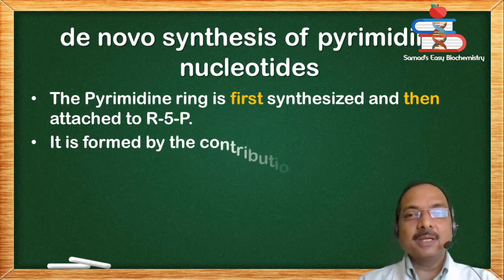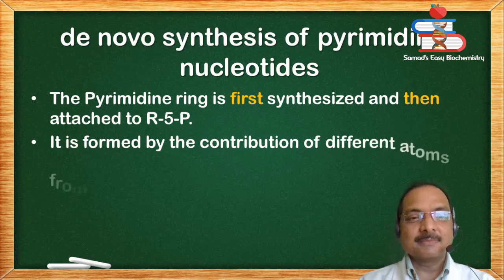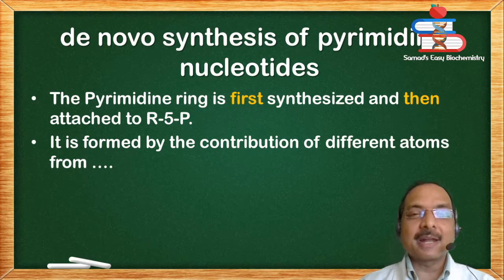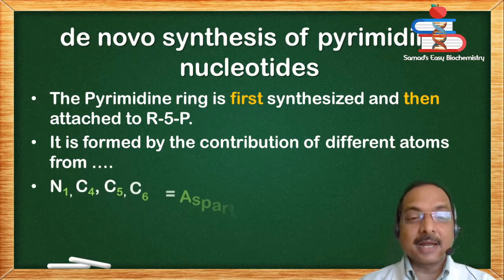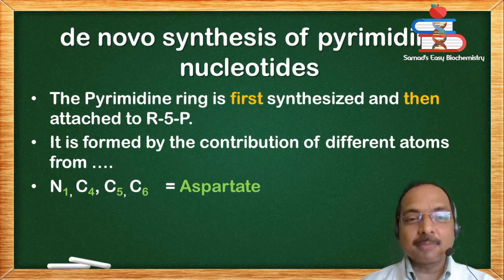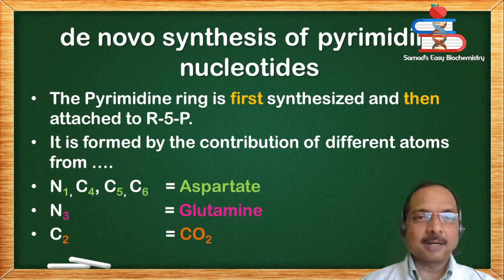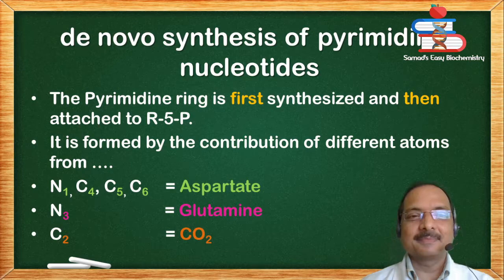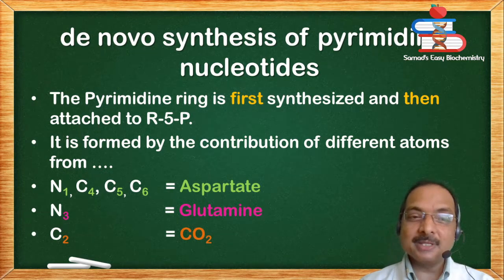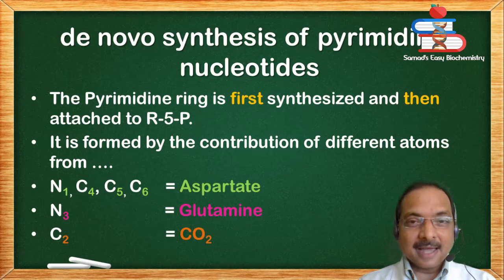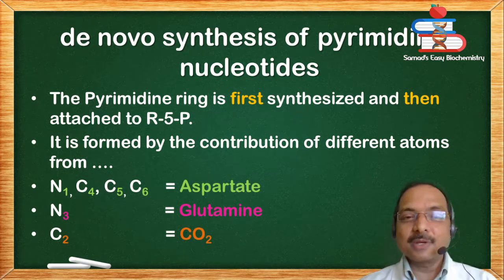Now, in pyrimidine synthesis, nitrogen 1, carbon 4, carbon 5, and carbon 6 are contributed by aspartate, nitrogen 3 by glutamine, and carbon 2 by carbon dioxide. So the pyrimidine ring is first synthesized and then attached, whereas purines are built on the pre-existing ribose 5-phosphate.